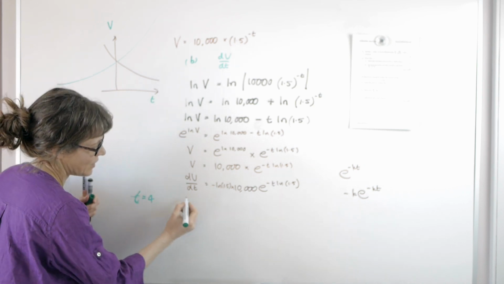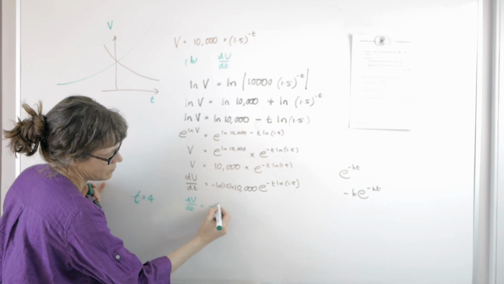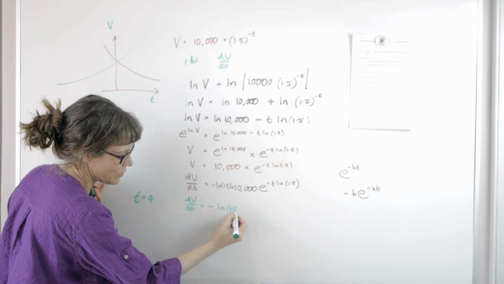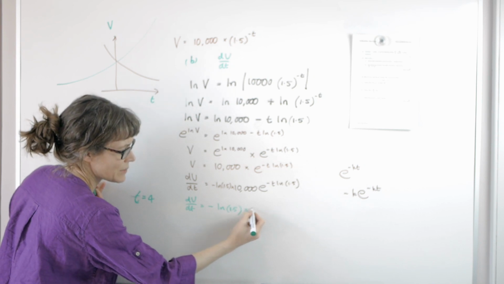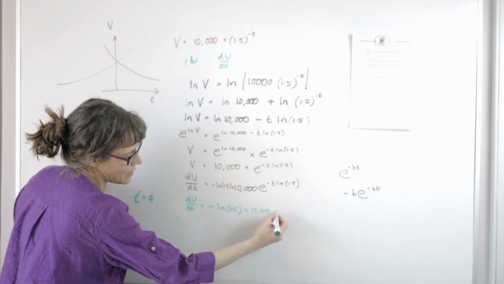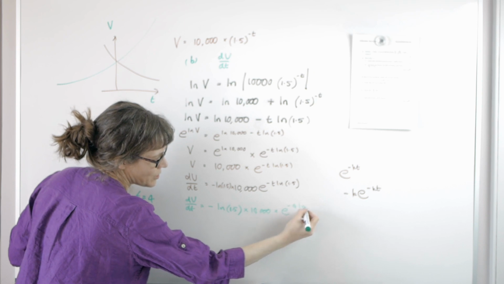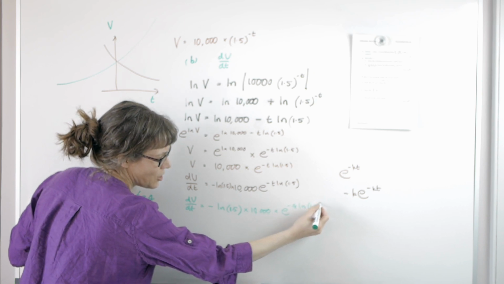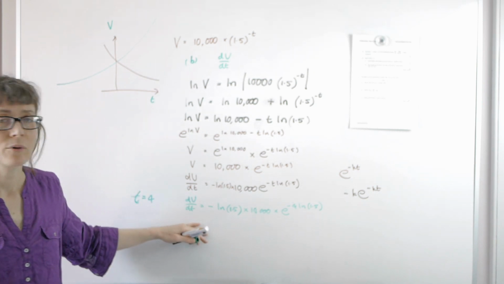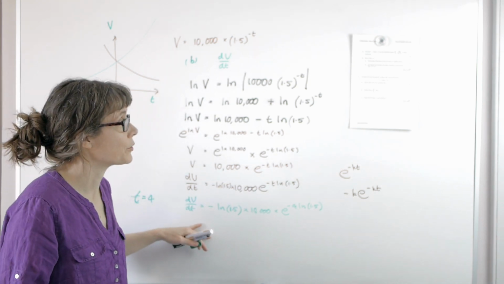So we get dv dt equals minus ln 1.5, that's just a number that your calculator will give you, times 10,000, and times e to the minus 4 times ln 1.5. So complicated to put into your calculator, but these are all numbers and we'll get a value out at the end. I think that's on the mark scheme, what you get at the end there.